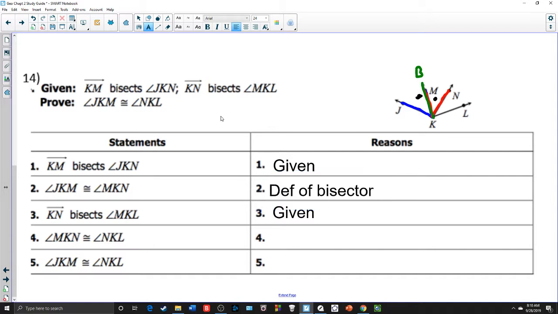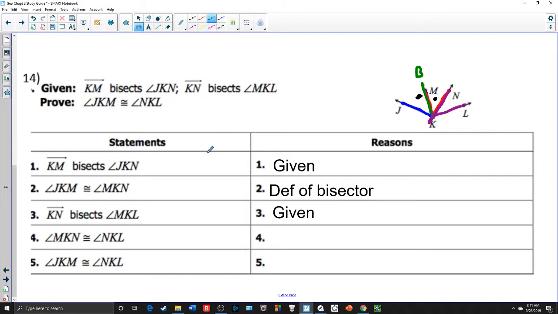Because again, we use bisectors to prove 2 angles are congruent, and it has to have a bisector given for us, which it does. It says KM is our bisector. So just like with midpoint, if they give you that a line or a ray is a bisector, you're probably going to use definition of a bisector pretty early on in the proof. And as you can see here in step 4, that's also a very similar case. We have MKN, which is this one right here, is congruent to NKL, which is this one right here.